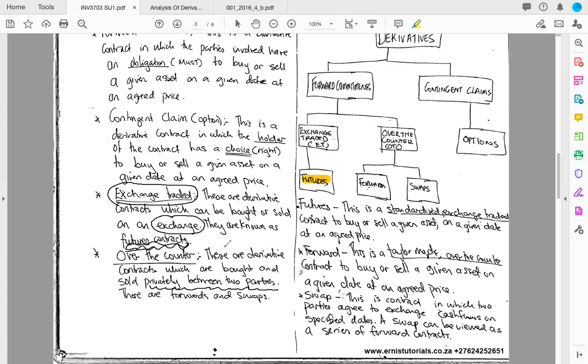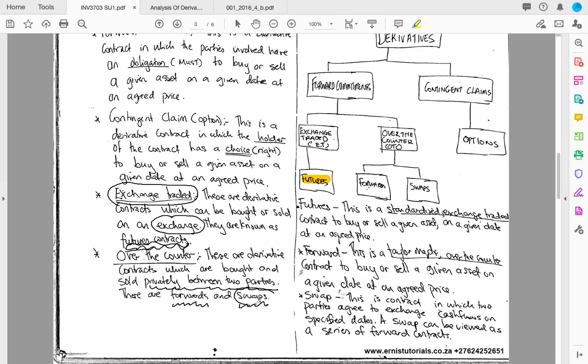At an agreed price, and then the dealer can enter into the contract with me, and we can agree on the price between us as two private individuals, not through an exchange. Such a forward commitment is known as a forward or a swap.